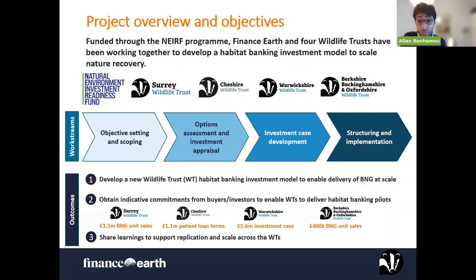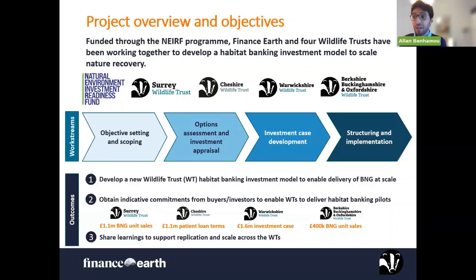For those of you who are not familiar with it, the biodiversity net gain policy will mandate property and infrastructure developers to compensate for biodiversity loss on a specific area, either by creating new habitats and so generating transferable biodiversity units, or purchasing biodiversity units generated from off-site habitats. So the intent of the habitat banking model was to develop potential pilot sites that could deliver biodiversity units over time to meet future demands.